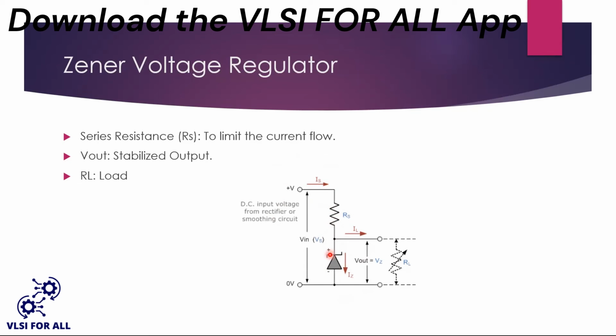It should not go beyond it, or else this Zener diode can be damaged. So to limit those things, we are using the series resistance. And Vout is the stabilized output. For example, if the breakdown voltage of that Zener diode is 5 volts, then that 5 volts is the stabilized voltage. Even if you increase your input voltage, that 5 volts will be seen as the output.